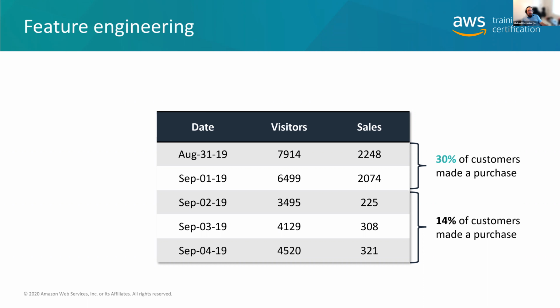So, for example, in this particular example, you might say, well, why are sales so much higher on these particular days? Is there something that we're not accounting for, either categorically or numerically, and ultimately it all ends up being numerical, because it's like 30% of customers made a purchase on these 2 days?